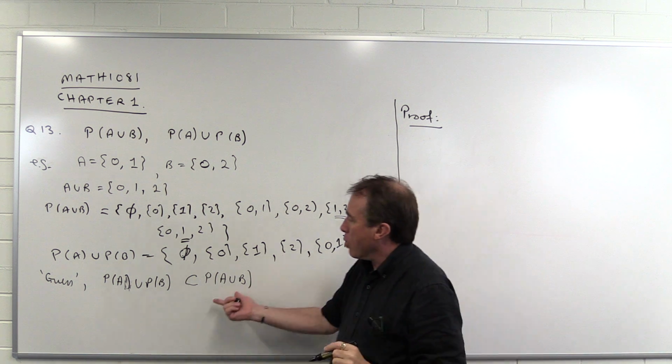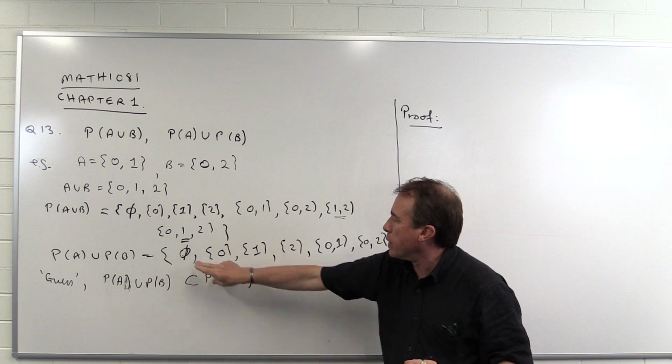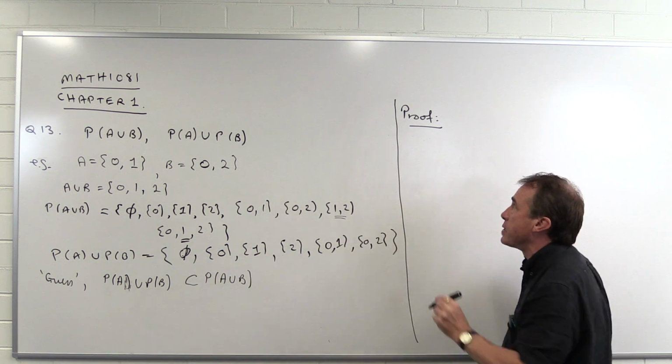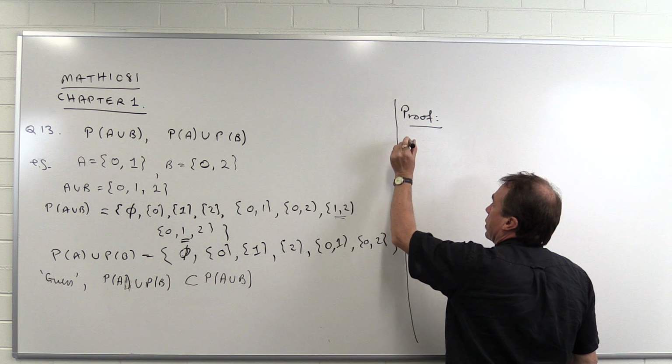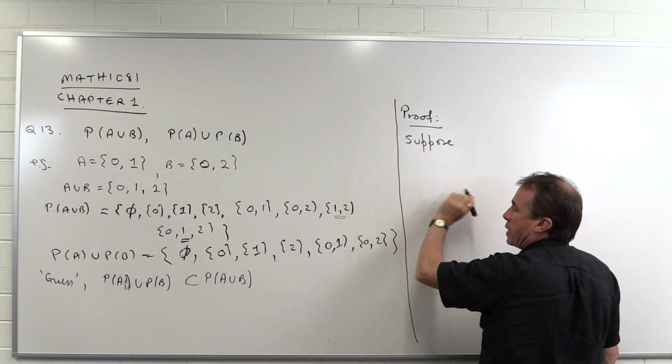Now remember that these objects are sets. These are unions of power sets, so if you look at the example, each one of the objects in here is actually a set. I normally use capitals for sets. So I'm going to use the usual method of setting out.